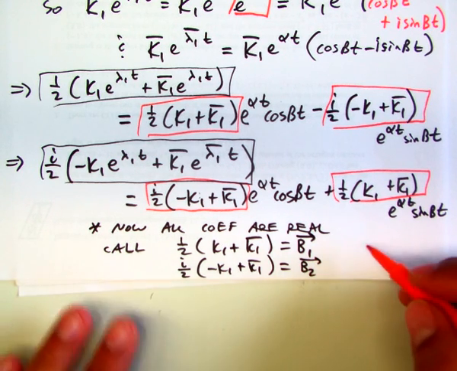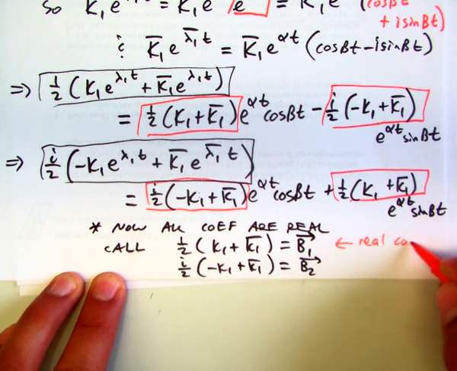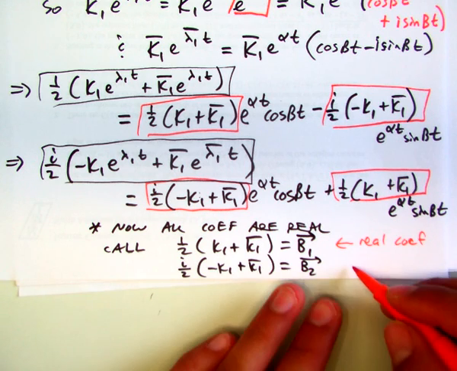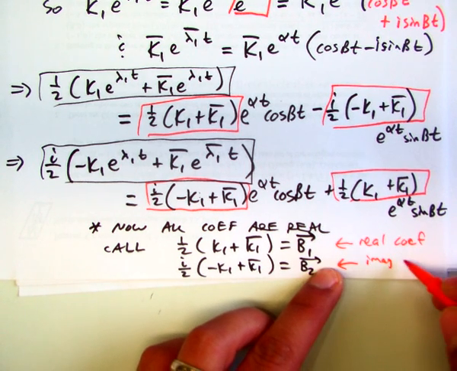This was simply the real coefficient, or the alpha, of the eigenvalue. And this is simply the imaginary coefficient, not the imaginary number itself, but the coefficient of i.